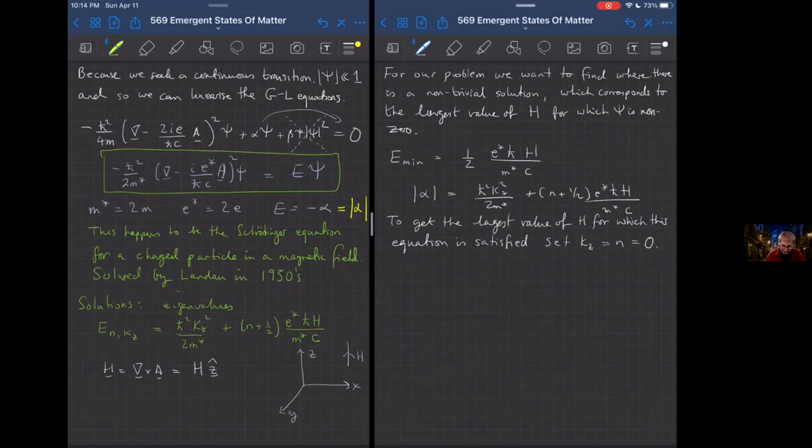And then what is the value that you get? Now I have that the absolute value of alpha is equal to 1/2 e star h bar h over m star c. And so turning that around, what I get is that largest value of h, which is what we're going to call hc2 of t, is then just given by 2 m star c over e star h bar times alpha.